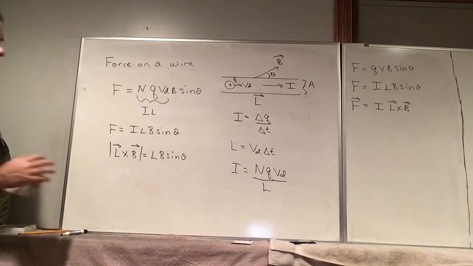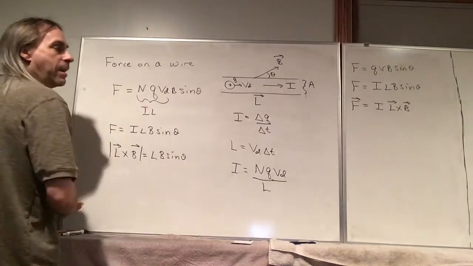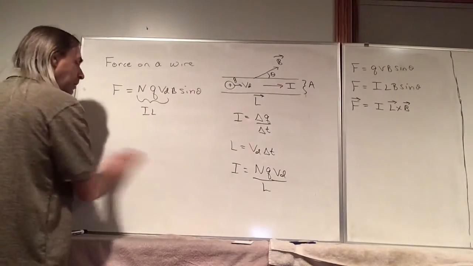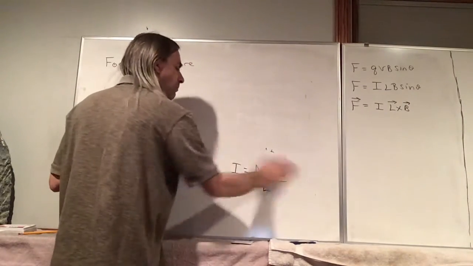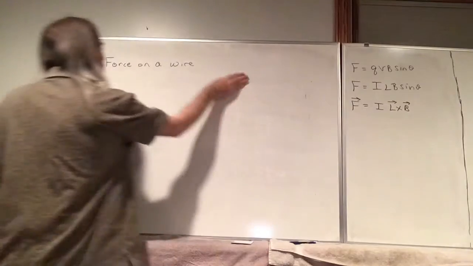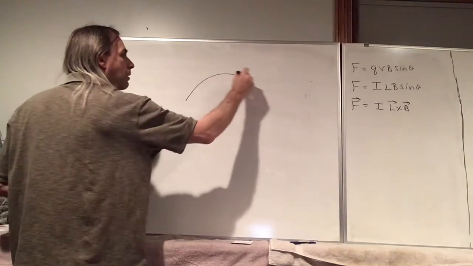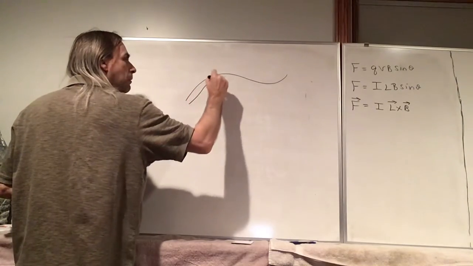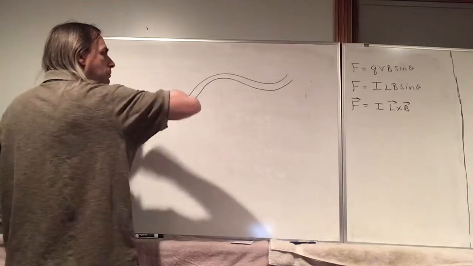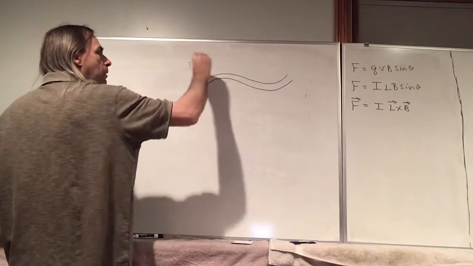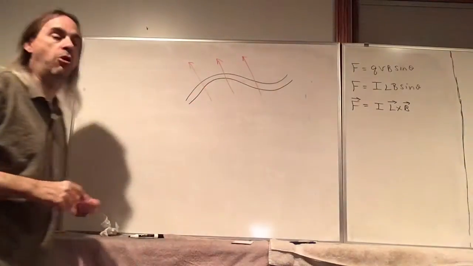Now, what if we don't have a straight wire? Or what if the magnetic field wasn't constant? So if we had a more general case, say we had a wire that looks like this, and we're in a constant magnetic field just for the sake of the drawing.